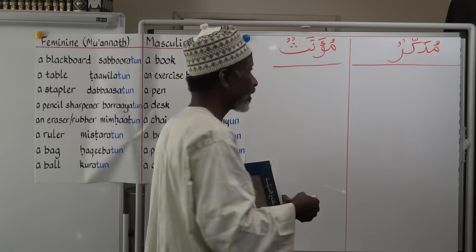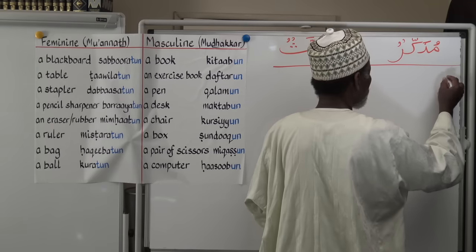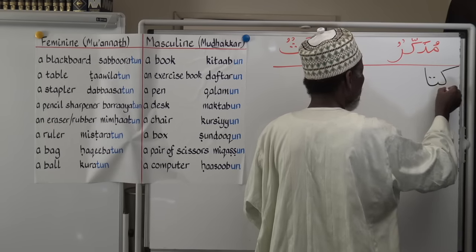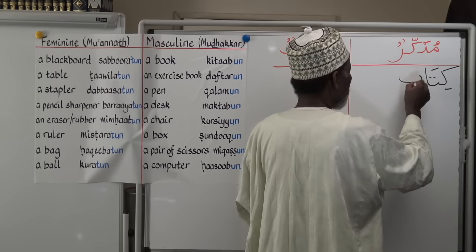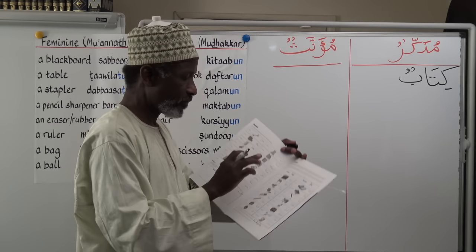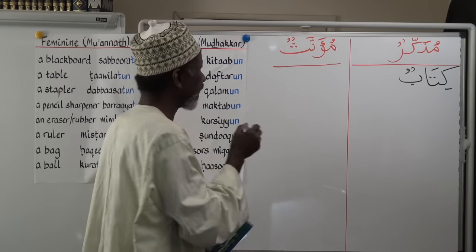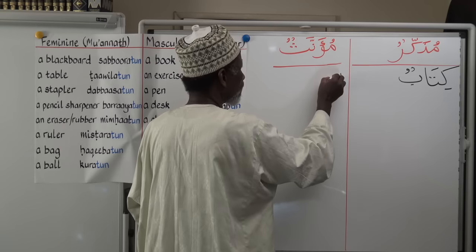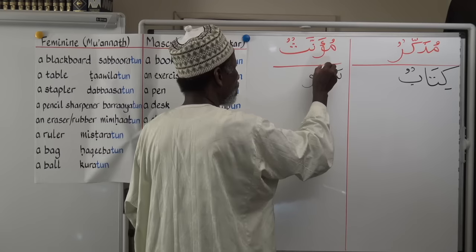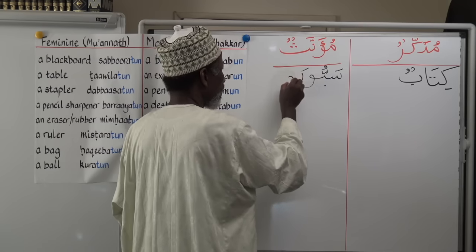The first one is kitabun. And the first on the feminine side, which is mu'annath, is saburatun.